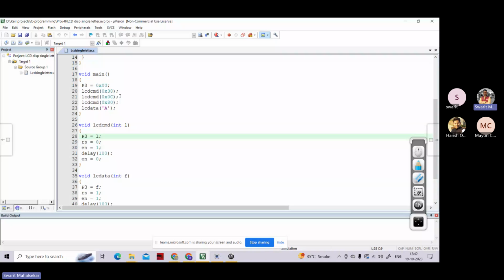It will call this function, that is LCD command. Now what I have done over here is declared one variable, that is L. This L will get the value 0x38.